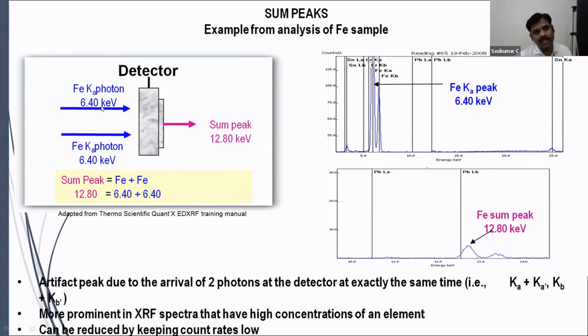Actually, iron has an energy of 6.4 kilo electron volt, but after combination the peak has a value of 12.8. So you get an additional peak at 12.8, which is not the reality of your specimen, but comes up due to a summing up event. That is due to the larger quantity of your material. In such a case, what you can do is reduce the quantity of the material so that your accuracy will be improved.